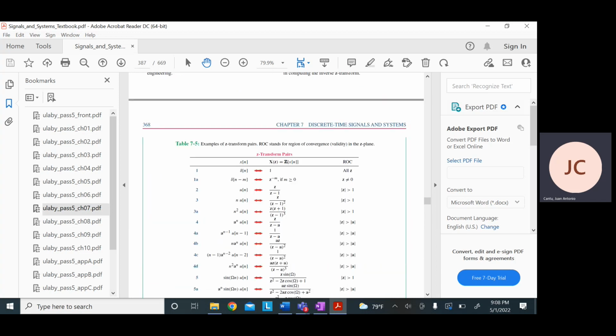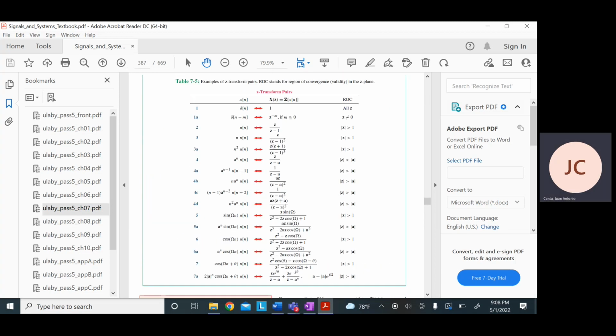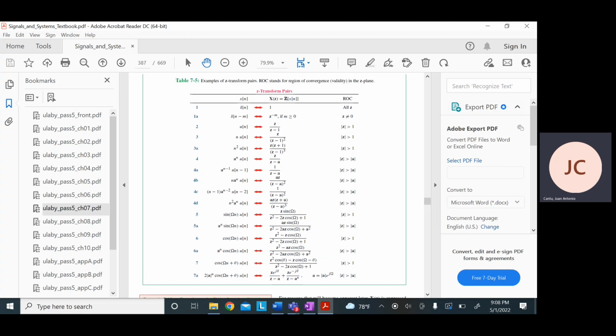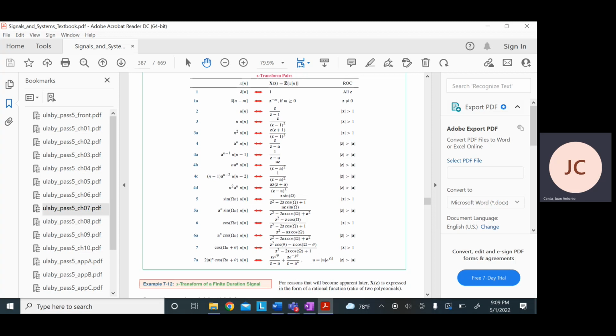Okay, so what Z-transform pairs are is people, mathematicians, have gone and done this summation on plenty of known and common signals, such as our delta function, our delayed delta function, step function, exponential, stuff like that, sinusoids, and they've used that summation to come up with what the Z-transform would actually look like. And this is what we get, our Z-transform pairs. So for our basic signals that we use a lot, we already have the Z-transform laid out for us.